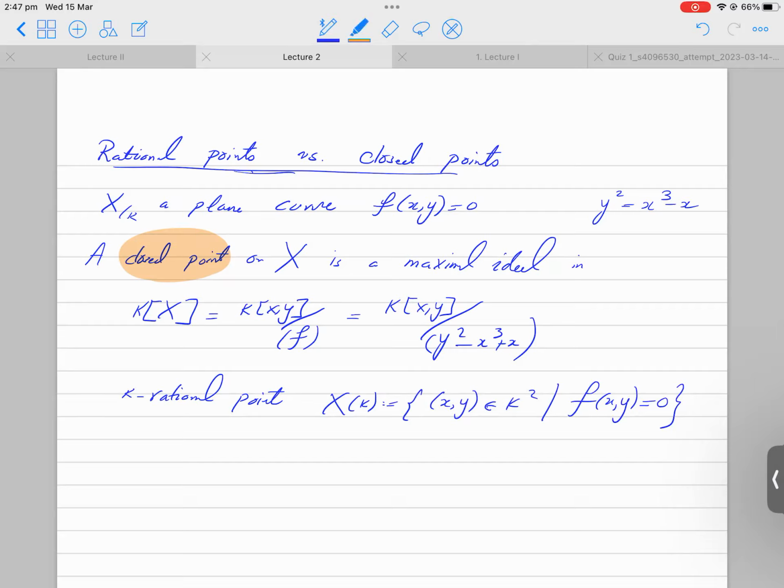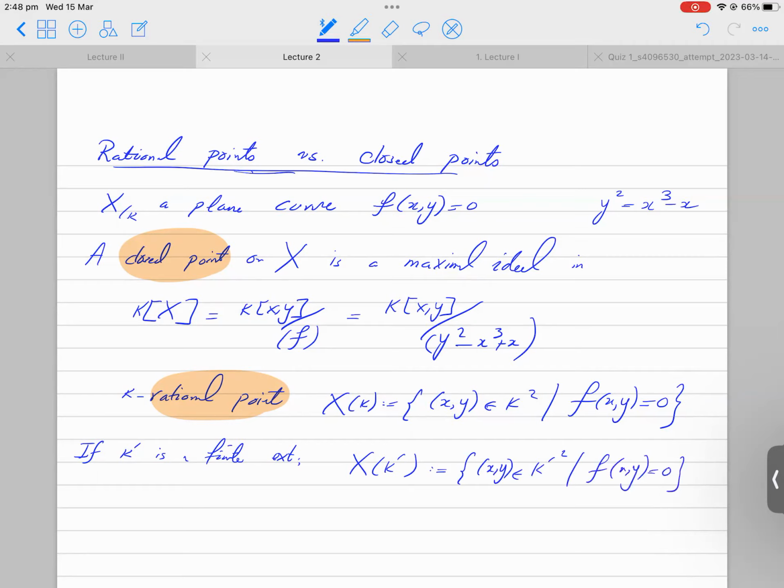Okay, so that's a rational point, but the key thing is that K need not be algebraically closed. In fact, we want it to be a finite field, which is not algebraically closed. So if K prime is a finite extension of K, then we can also look at K prime points, which is the set of all (x,y) in K prime such that f(x,y) = 0.